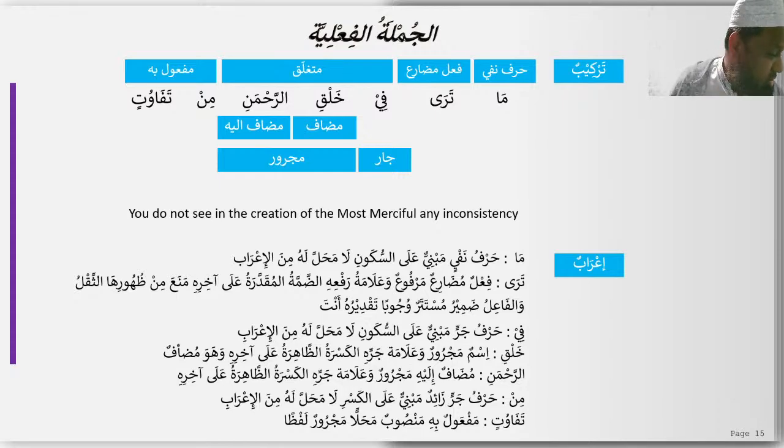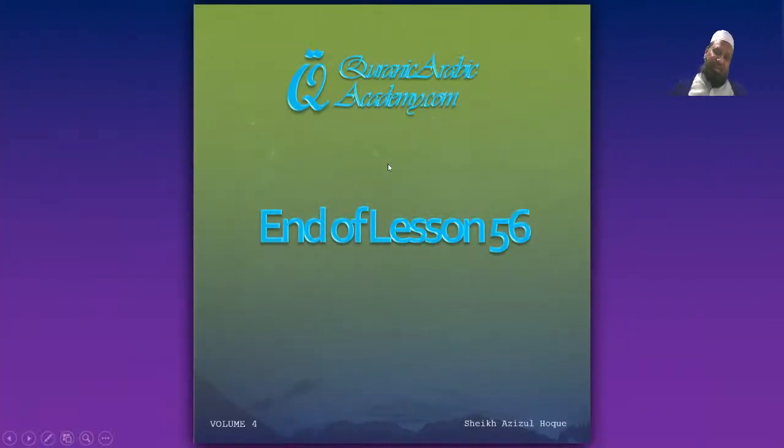Alright, so let's end the lesson here, and this is the end of lesson 56. So let's see if we have covered everything about harful jar. We've learned harful jar, we've learned their function, we've learned harful jar and majrur become shibhul jumla, and we've learned when a jumla comes after a nakira ism, it is sifat, and when jumla comes after ma'rifa, it is hal.